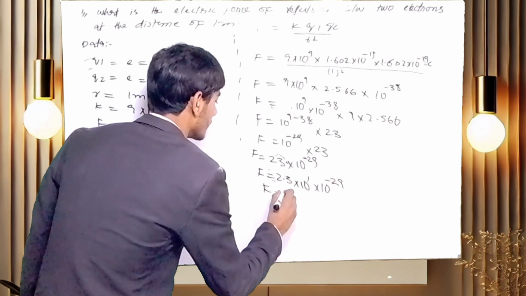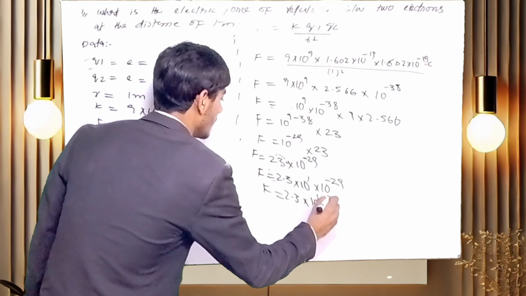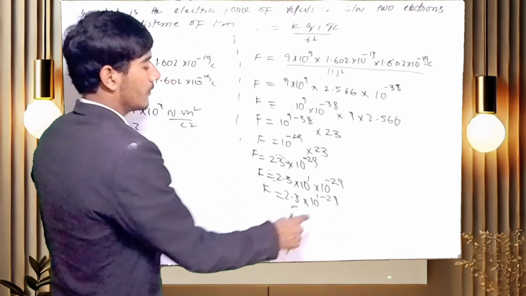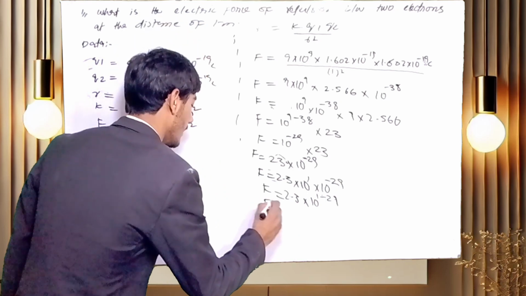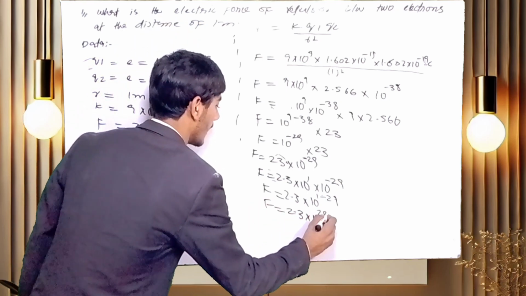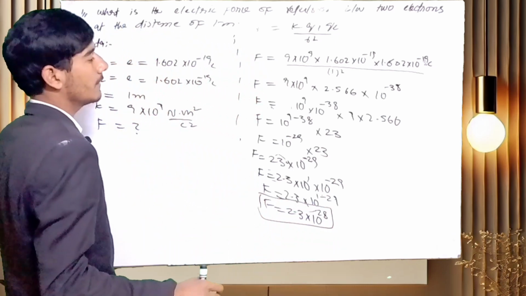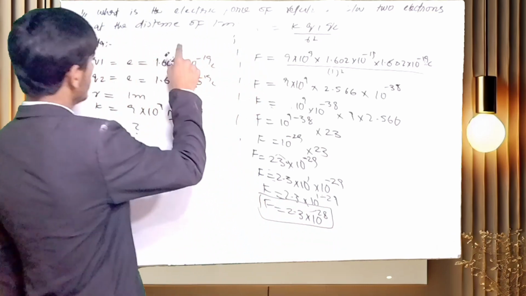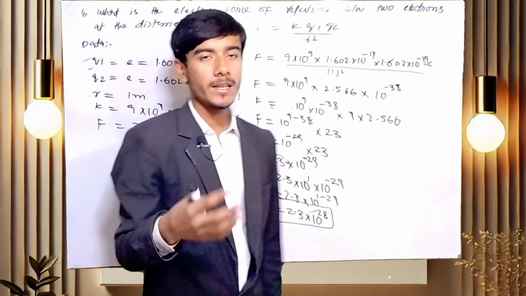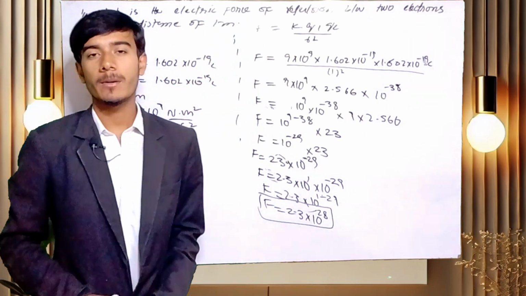F is equal to 2.3 into 10 power 1 minus 29, which is 29 minus 1. F is equal to 2.3 into 10 power minus 28. This is the final answer: the force of repulsion, that they repel each other, is F is equal to 2.3 into 10 power minus 28.